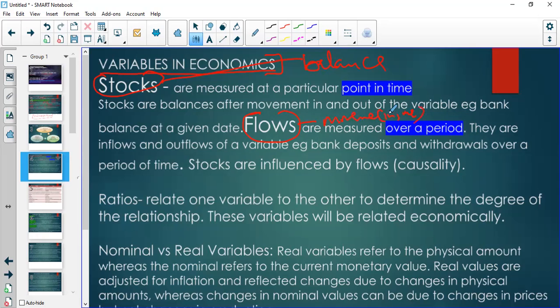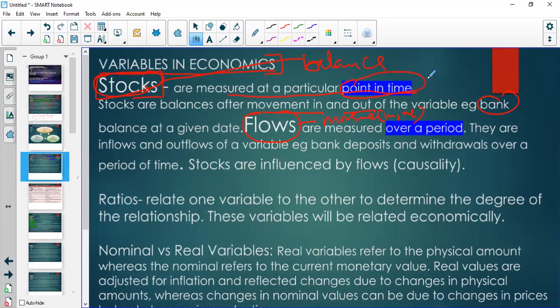A stock is measured at a particular point in time. It's more like a bank balance, whereby you have money in and money out. After those movements, you look at what's left remaining. What's the balance at the end is going to be a stock. So a stock is measured at a point in time.